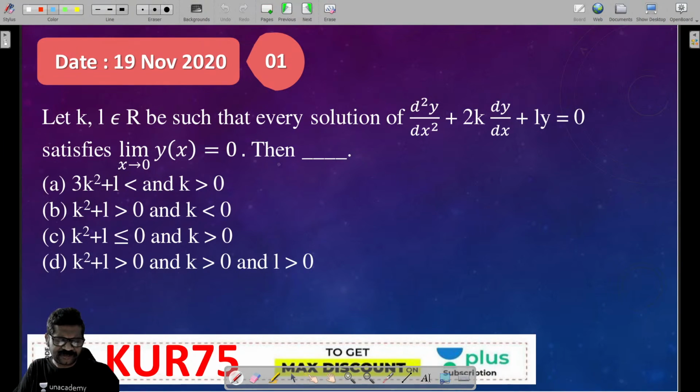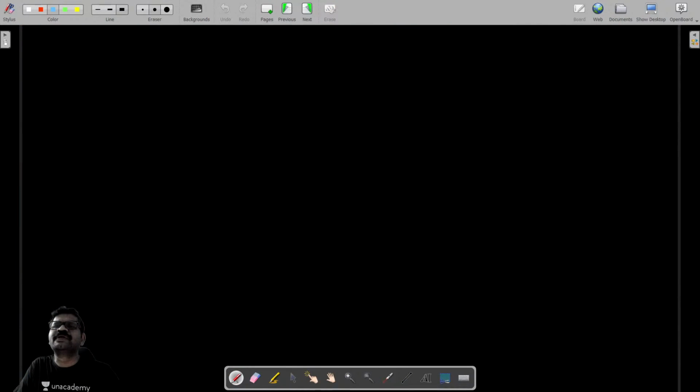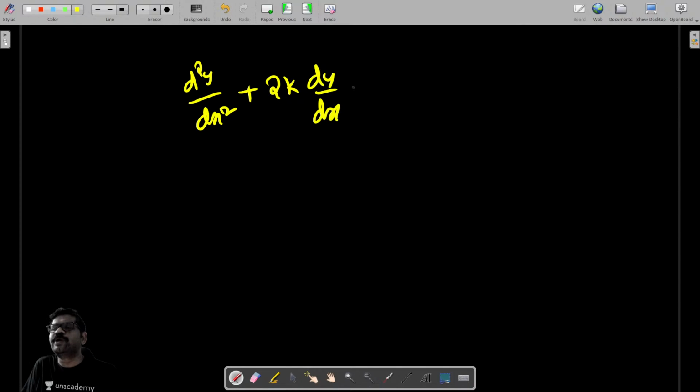Now d square y by dx square plus 2k into dy by dx plus ly equal to 0.